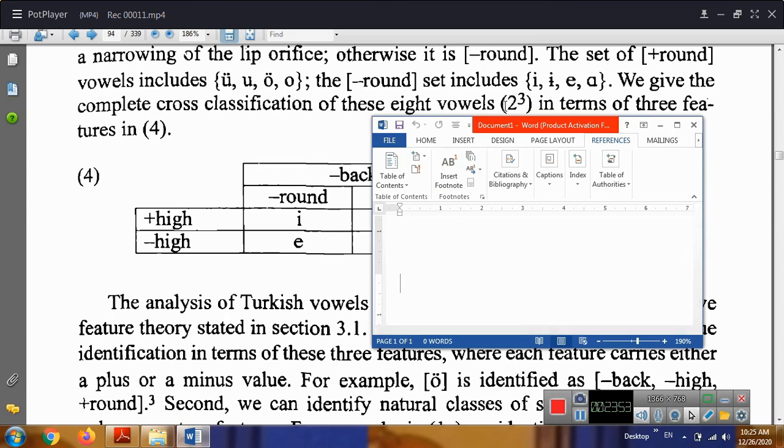Okay, I want to show the common way in which we write the distinctive features of sounds.